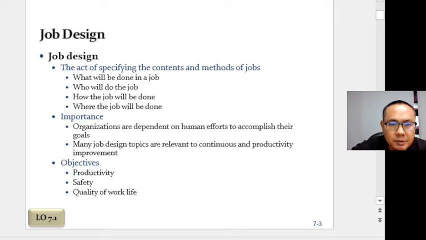The objective of job design is to make sure that productivity, safety, and quality of life are there. And this is the efficiency approach, a refinement of Frederick Winslow Taylor, the management science concept founder that received considerable emphasis in the past.